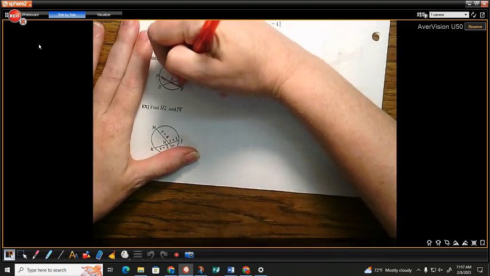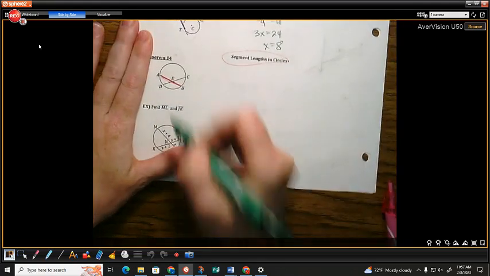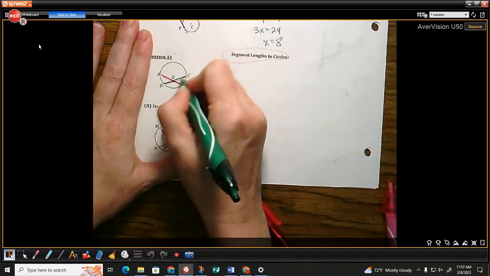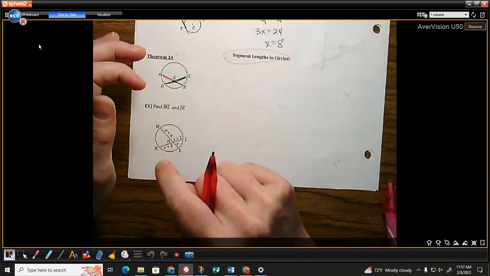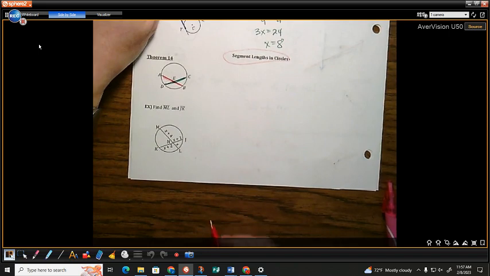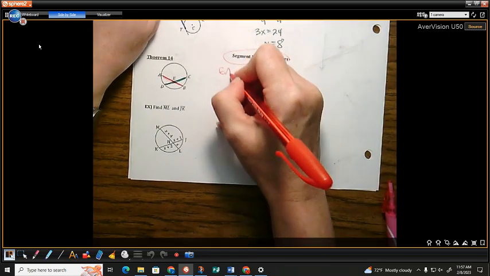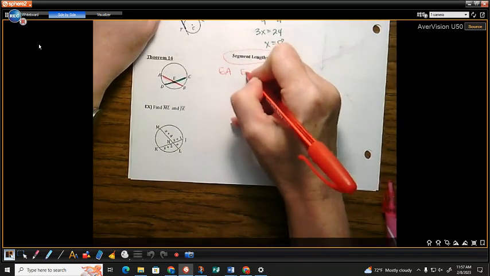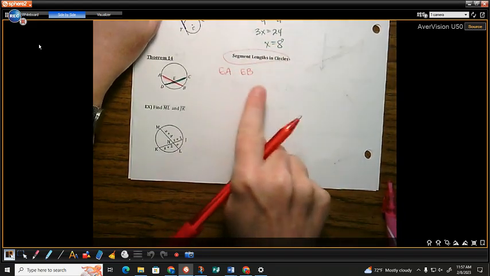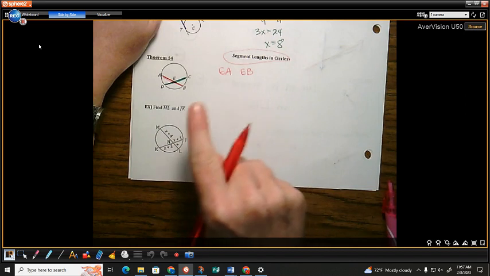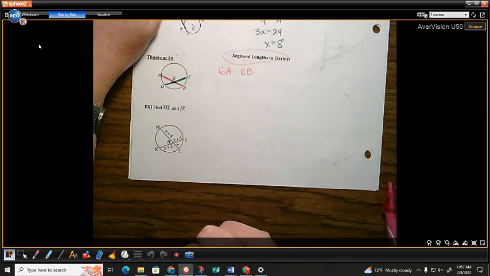I've got this red chord and this green chord. What are the two parts of my red chord? EA and EB. Those are the two pieces. I'm going to leave the segment bar off of them so I can be thinking about how long they are.